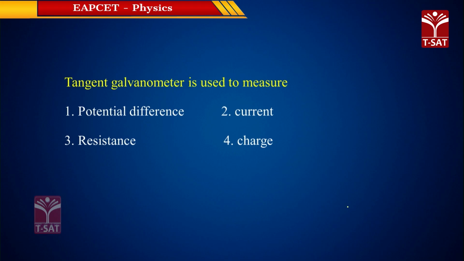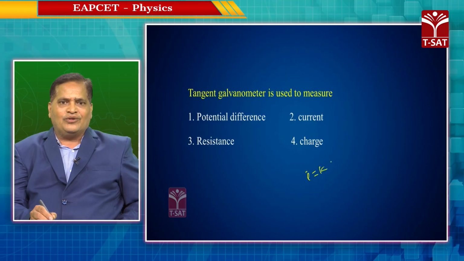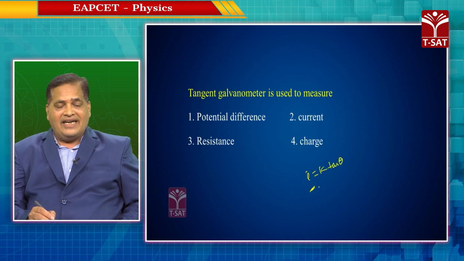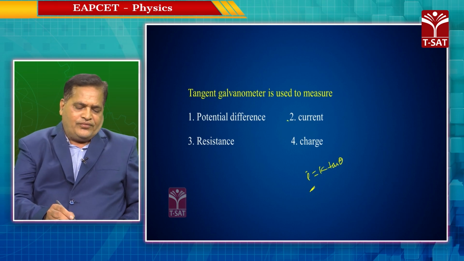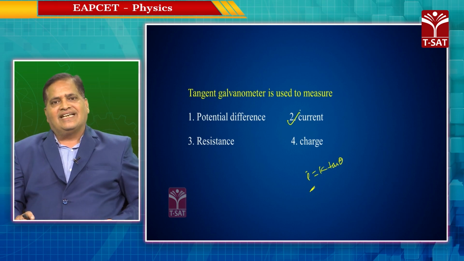See children, here I is equal to K tan theta is the formula. That means what you are determining is the current I. Therefore, a tangent galvanometer is used to determine the small flow of current. Therefore the second option is correct.